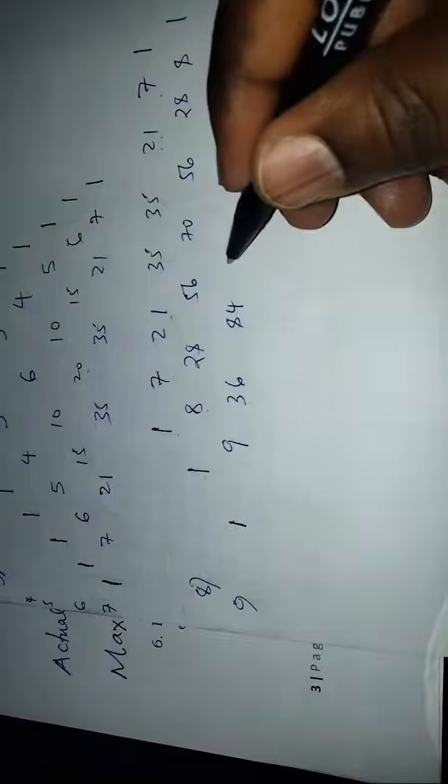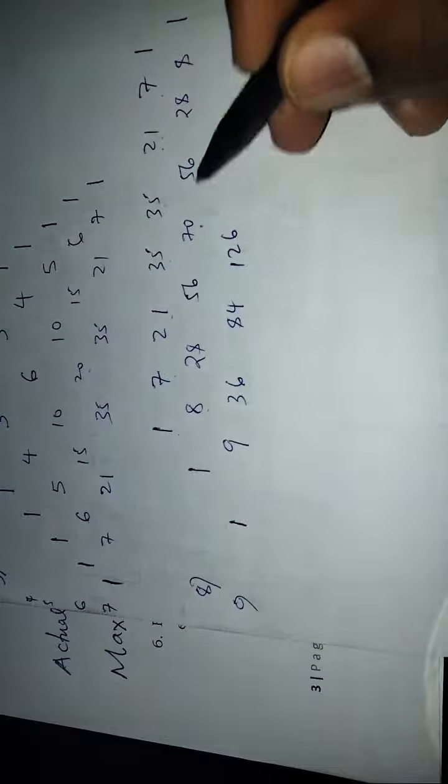Then we will have 70 and 56, giving us 126. Then again 126. Then this is going to be 84. This is going to be 36. This is going to be 9, and finally 1.